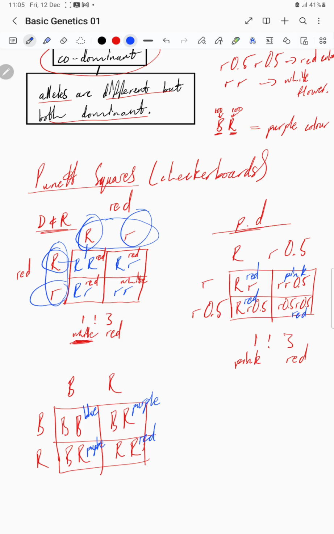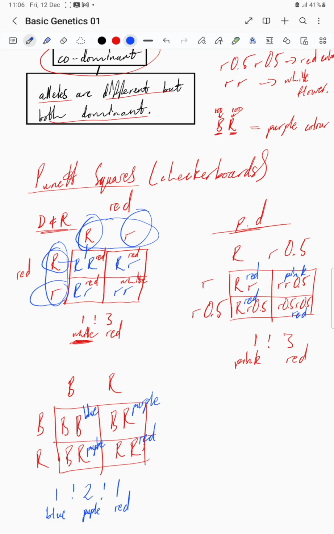You'll realize that you have a ratio of 1 is to 2 is to 1. This is for blue, purple, and red. So this is the phenotypic ratio which will be shown. So this gives us a probability of the phenotypes which are going to come out.